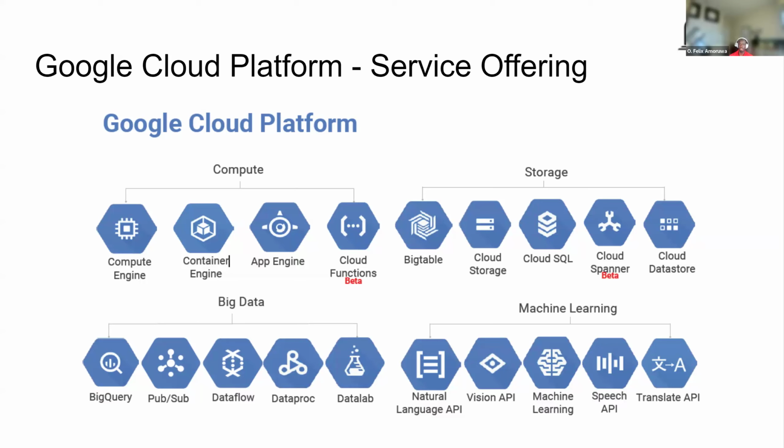One of Google Cloud's strong suits is the fact that it offers TensorFlow and TPUs as part of its cloud platform. So many companies have leveraged Google Cloud Platform for that reason, whereas more recently, Microsoft Azure partnering with OpenAI has obviously a foothold on what's happening in the AI space.